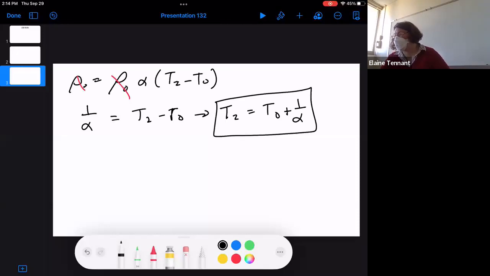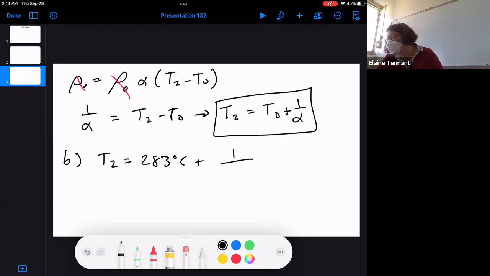For part B, they just want you to plug in numbers. So for B, you'd say T2 equals T naught, 283 degrees Celsius, plus 1 over 9.5 times 10 to the negative third, 1 over degrees Celsius.